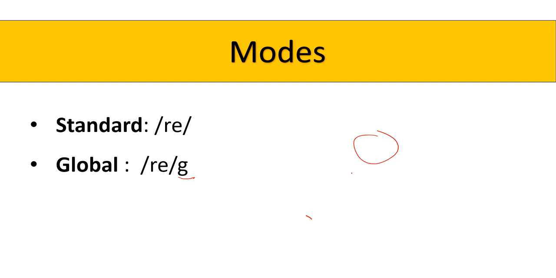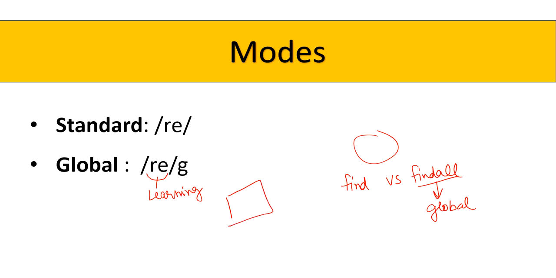If you know the difference between find and find all, that refers to global. For example, instead of a regular expression, I have given learning, and we have 100 documents.